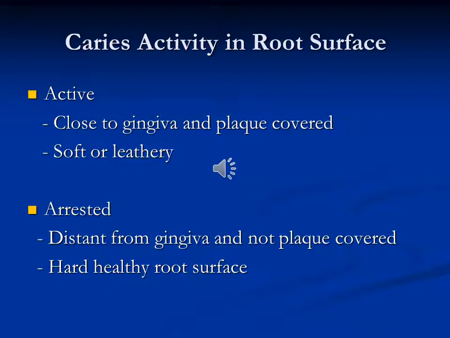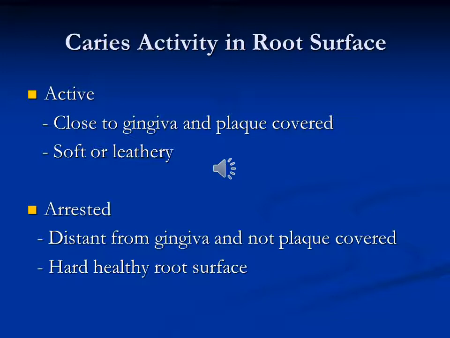But in root surface, the lesion is considered active if it is close to the gingiva and plaque covered, which means the oral hygiene is poor, there is a lot of plaque, a lot of bacteria, and the consequences, of course, you know about the presence of plaque and bacteria, and the effect of decreasing the plaque pH resulting in demineralization. And usually it is soft or leathery. We said leathery means it can be easily peeled away. And on the other side, it may be arrested.